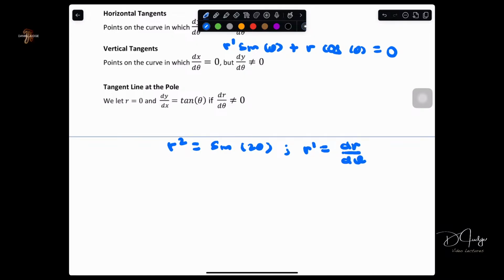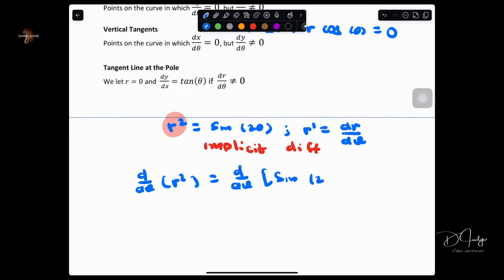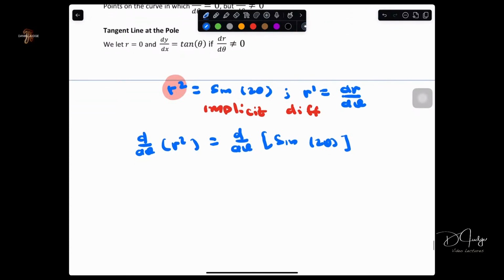is dr d theta. So what you're going to need to do to find r prime, since you are given r squared, you're going to have to use implicit differentiation. So I'm going to differentiate the r squared. Implicit differentiation gives me 2r times dr d theta.